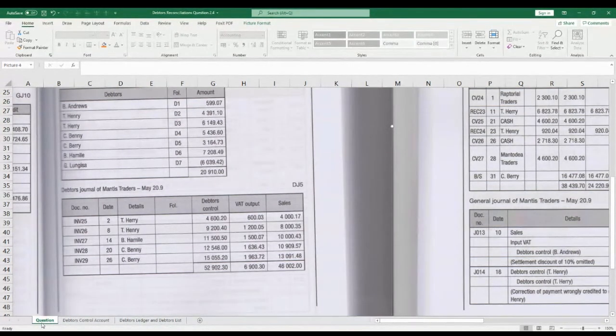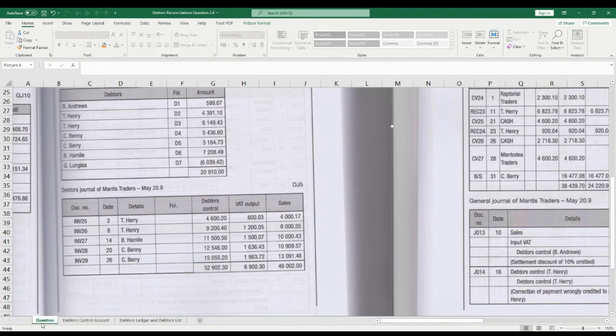Okay, so the debtors journal, if I look at the debtors control account, what amount will I use, and will it be a debit or a credit? Okay, so my body says it's the 52,902 Rand, and it will be a debit.